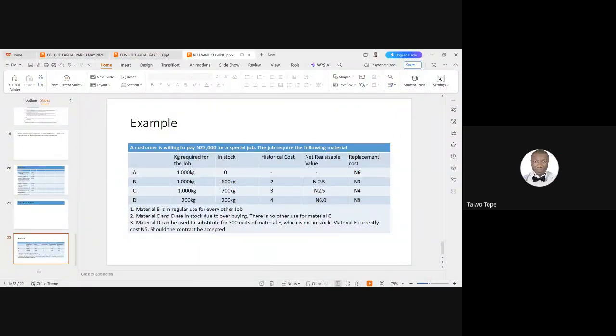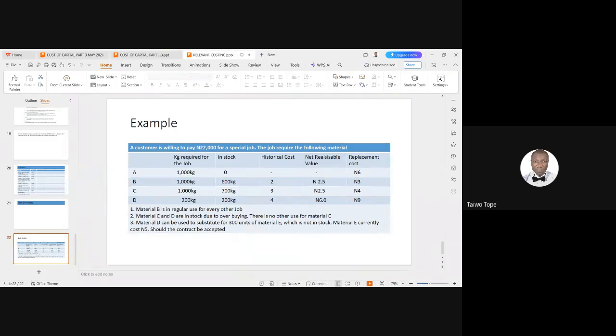So you use what is required for this particular job. 1,000 kg multiplied by the replacement cost, which is 3 naira. 3 naira by 1,000 kg, you have 3,000 naira.